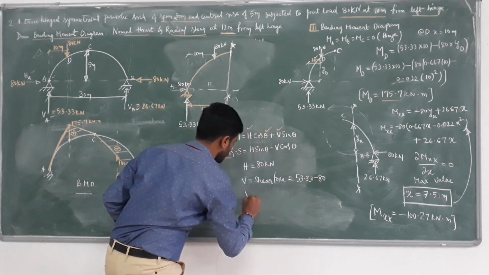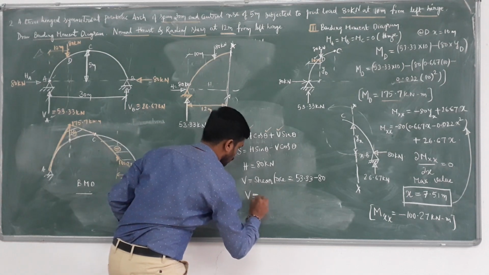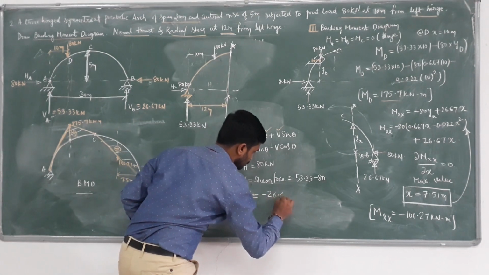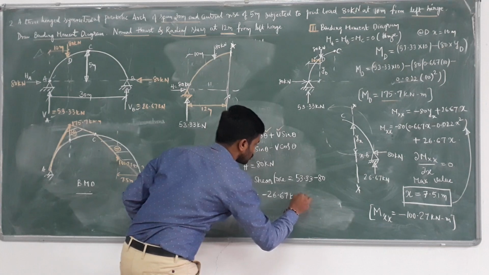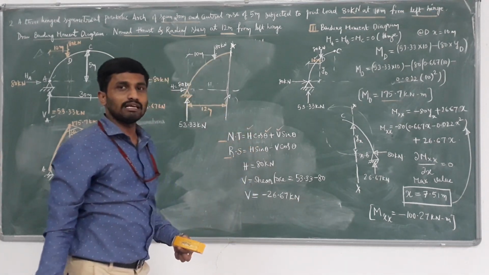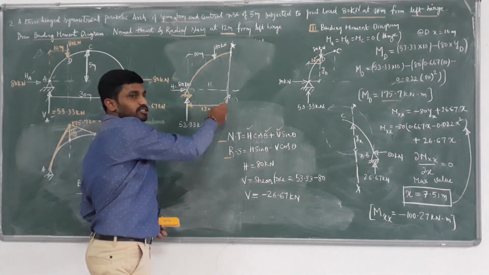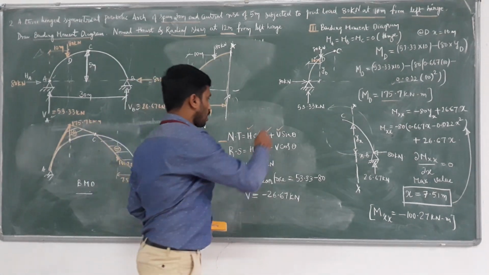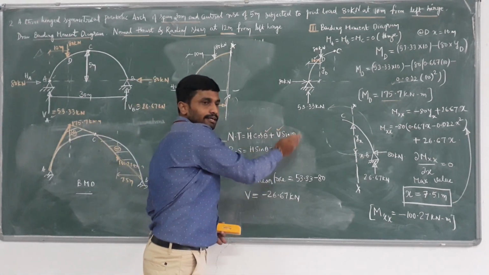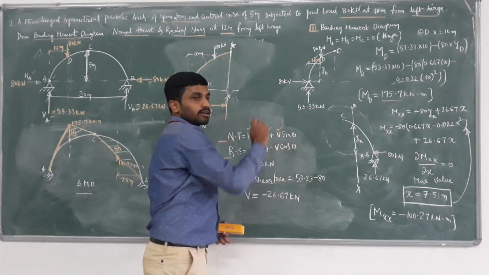What is the value of V? Minus 26.67 kilonewton. So only the summation of vertical forces covering 12 meter span, because we are computing normal thrust and radial shear at 12 meter.